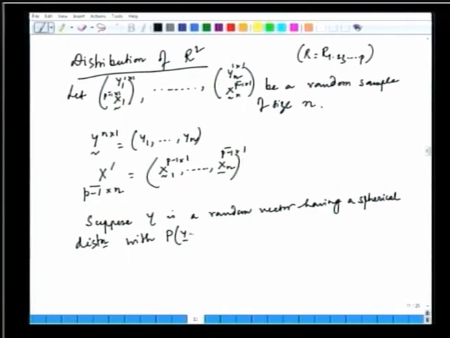the probability of this being equal to the null vector being 0, and let X be independent of y and is of rank p minus 1.